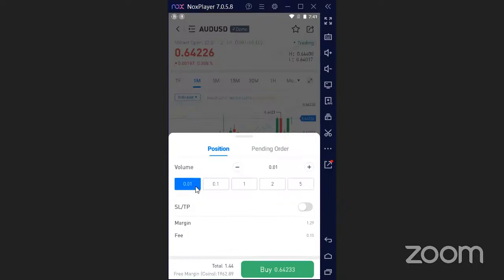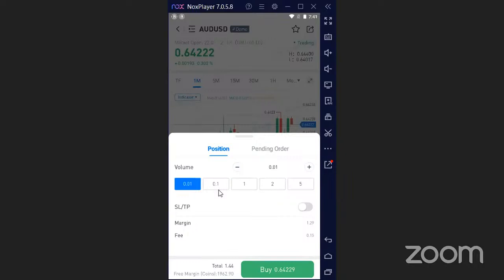But when you decrease the volume, the sound is going to decrease. That is basically how the forex market works also. If you are using a high lot size, you are going to lose more or make more, depending on how the market is working. If the market is in your favor, you are going to make more in just a few minutes, a few seconds. But if you are losing, you are also going to lose more.